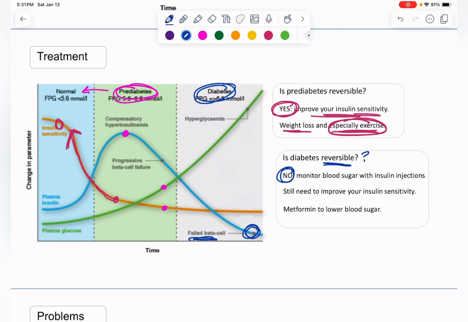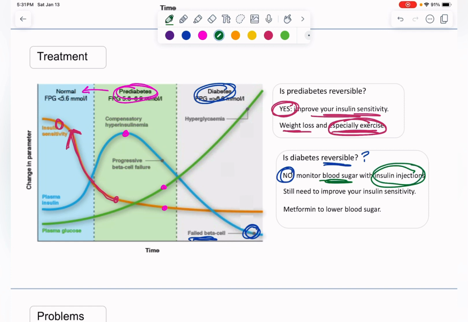Now they have, like I showed with type 1 diabetes, they may be able to inject new beta cells into the pancreas, but apart from doing something like that, the pancreas isn't able to repair itself on its own. And that's where it becomes a serious problem. So what you have to do at that point is you have to monitor your blood sugar levels. And since you're not producing insulin, you have to inject insulin.